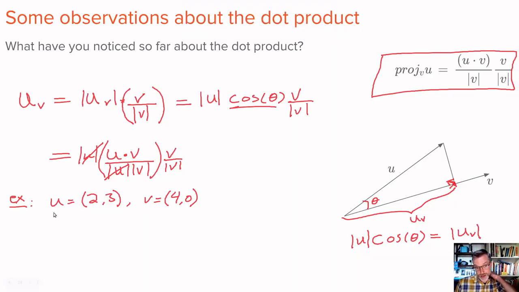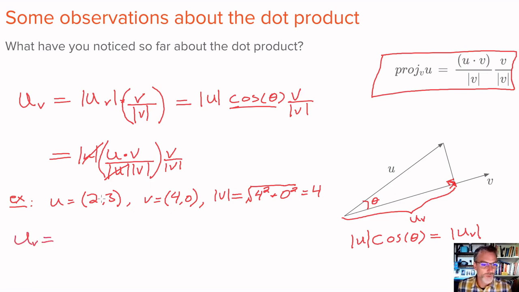Okay, in order to do that, we just need the length of v, which is very simple. It's just 4. We could use the Pythagorean theorem to calculate that, but sure enough, we get 4 back. Okay, so now let's calculate this vector.